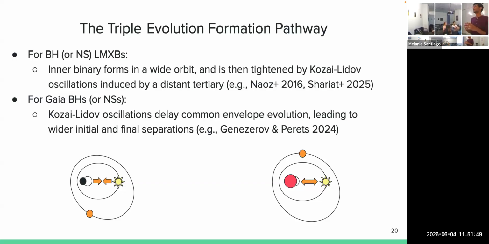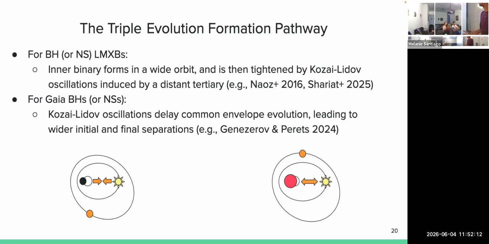So you can make the inner binary very eccentric, even if it started off circular. Then it gets very close at periastron, and tidal effects start taking over. Then you can end up shrinking the orbital separation of the inner binary. This is the general idea for how you can form low mass X-ray binaries by not having interaction initially, letting the black hole form first, and then bringing the components closer together.